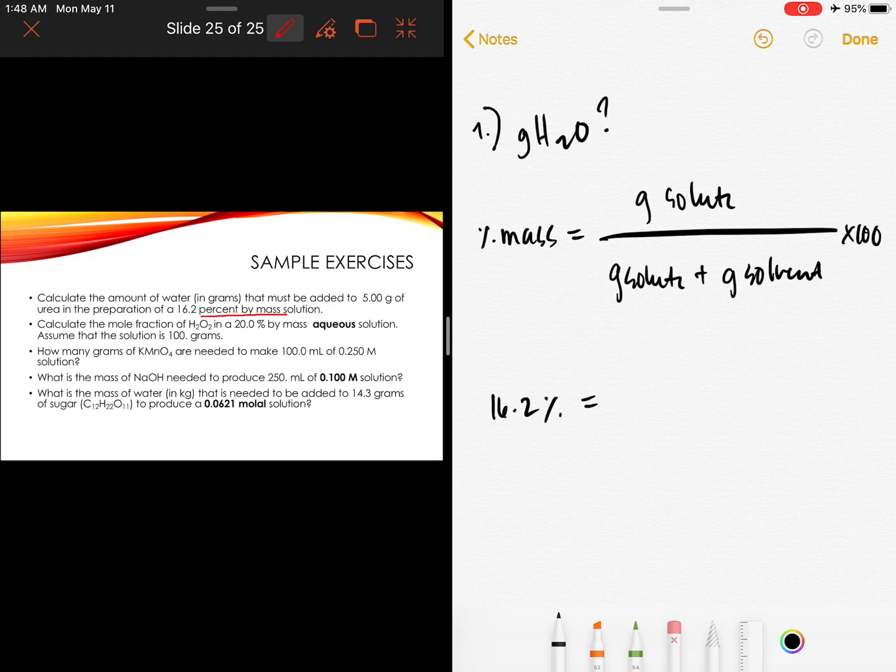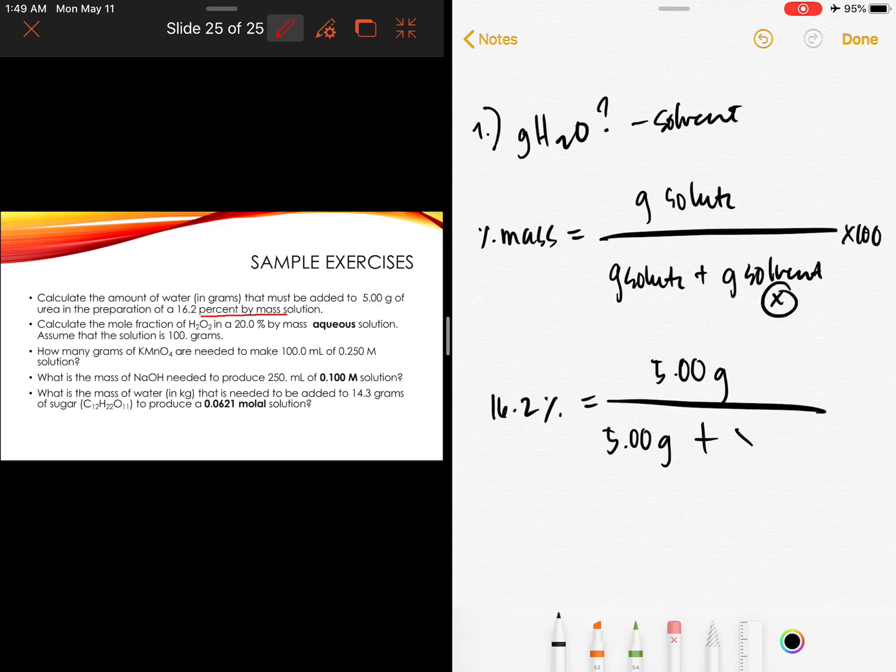So try to analyze the problem. So the grams of solute here is the 5 grams, over 5 grams plus the grams of solvent. So obviously the solvent here is water. So this is the solvent. So let's assign the grams of solvent as x.